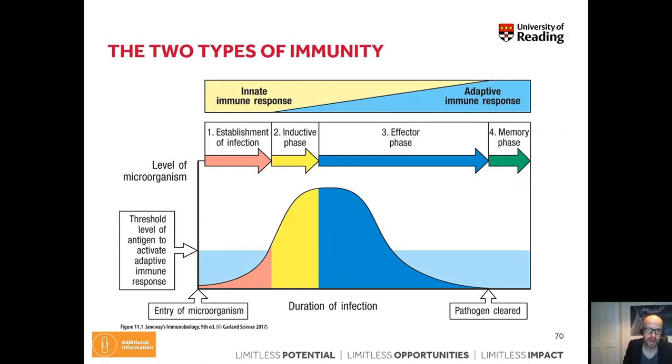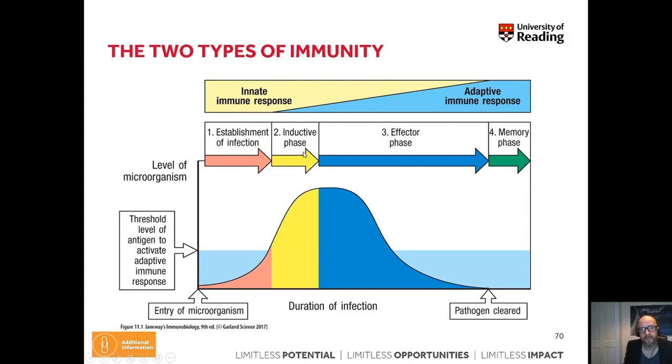In terms of the timeline, the innate immune response is the first type of immunity which is activated after the entry of a microorganism into the system. If a certain threshold level of antigen or microorganism is present in the system, this leads to activation of the innate immune system, which leads to the so-called inductive phase.